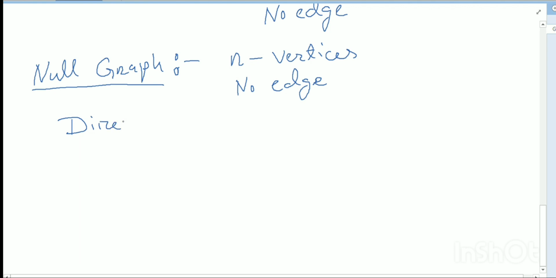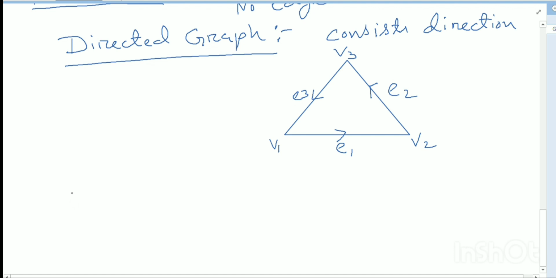Now I discuss directed graphs and undirected graphs. A directed graph, I will draw, also consists of direction on the edges. In this example you see V1, V2, V3 have edges with direction. And the next graph is an undirected graph.